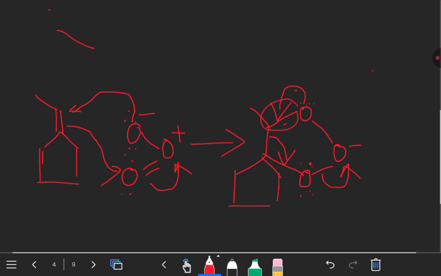There is a double bond, so I'm going to have a double bond there, then attached to this oxygen, in fact to two oxygens. So we're going to have that oxygen with another oxygen. So that oxygen, because it's the one which is giving away the electrons, remains positive. Then this oxygen there, because it is receiving more electrons, will become negative.